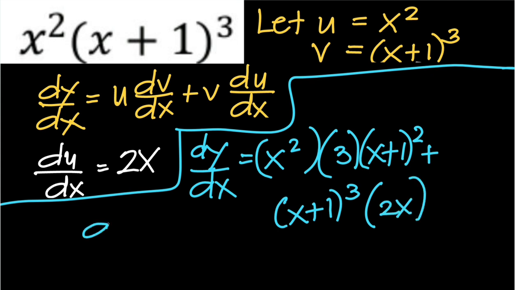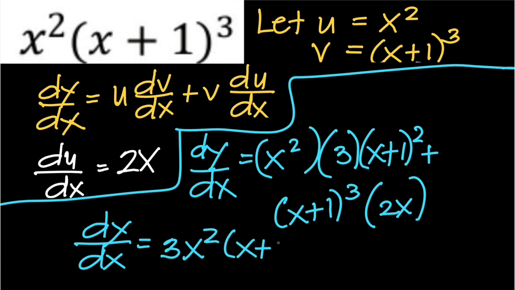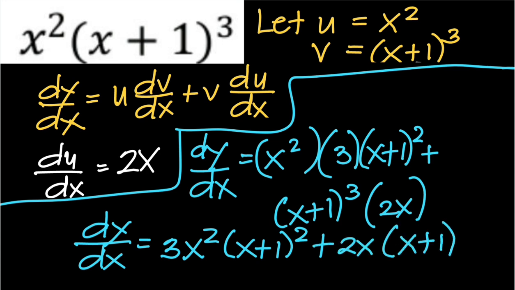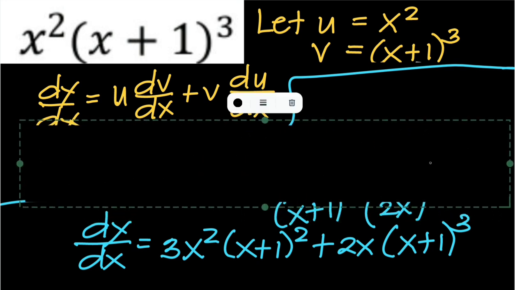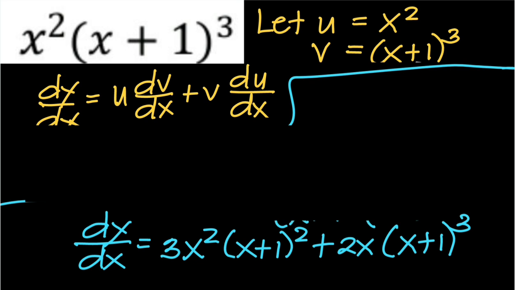Then we simplify this and we factor out common terms. So dy over dx is just equal to 3x squared times x plus 1 squared plus 2x times x plus 1 cubed. And then we factor out common factors.